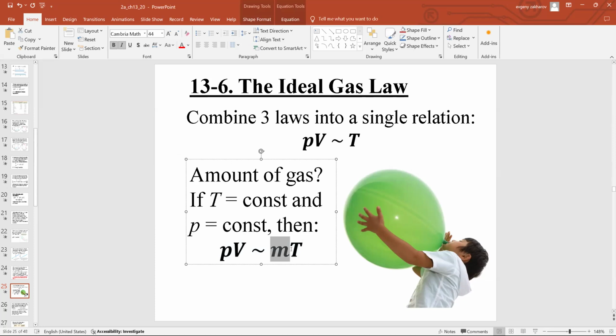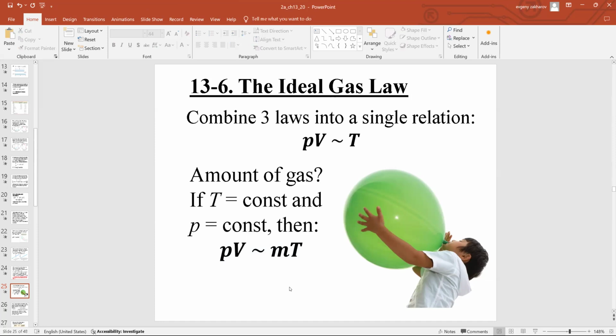And of course, the more the mass, the more pressure it's going to produce. So you put the mass towards the temperature, and that would be the linear connection to the pressure or the volume that it's going to take. If you have a lot of gas, if the mass is enormous, then the volume of that gas is going to be more than a small amount.